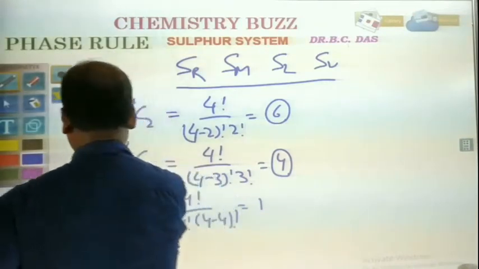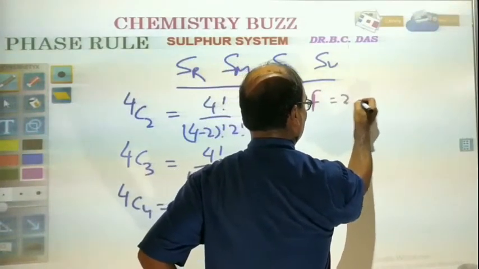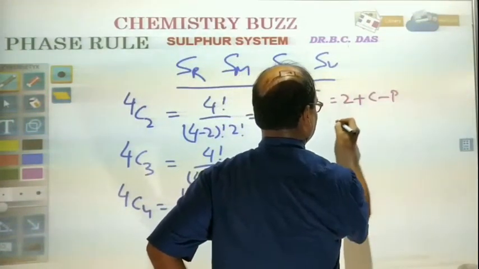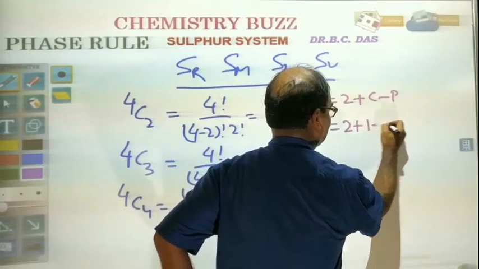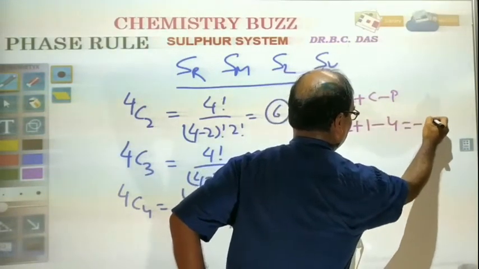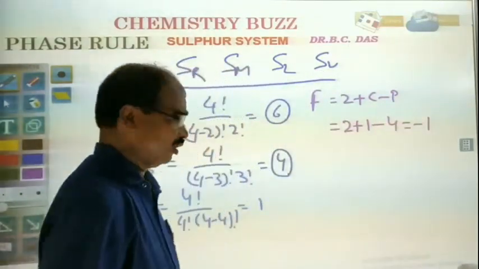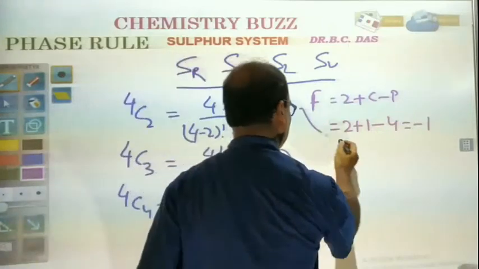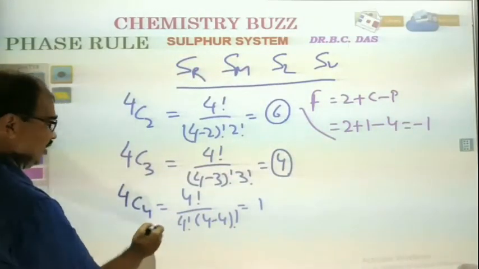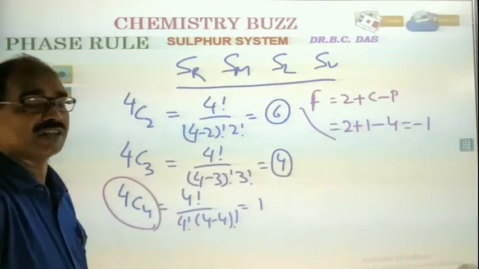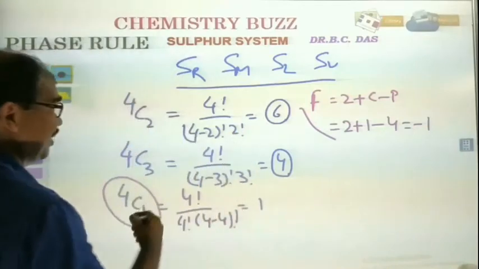But as far as the phase rule is concerned, F is equal to 2 plus C minus P, and it is 1 component, 4 phases, so F is equal to minus 1. So the degree of freedom is minus 1, which is impossible. So the phase rule excludes this: for a 1 component system, the 4 phases cannot coexist at any point. So this is the mathematics.